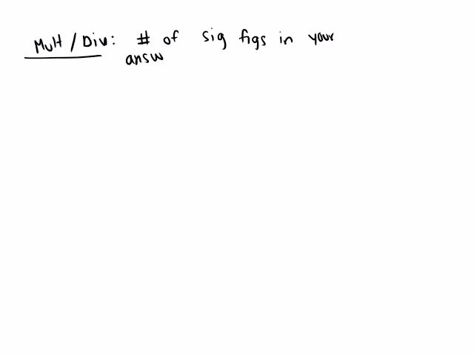Okay, so first up is the rule for multiplication and division. When you multiply and divide, the number of sig figs in your answer is equal to the least number of sig figs put in.